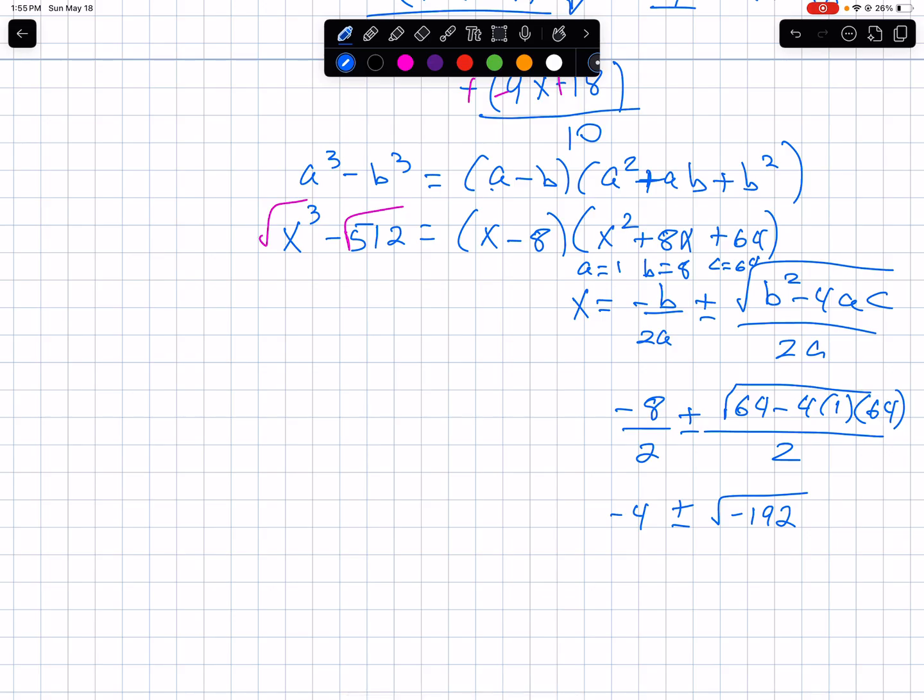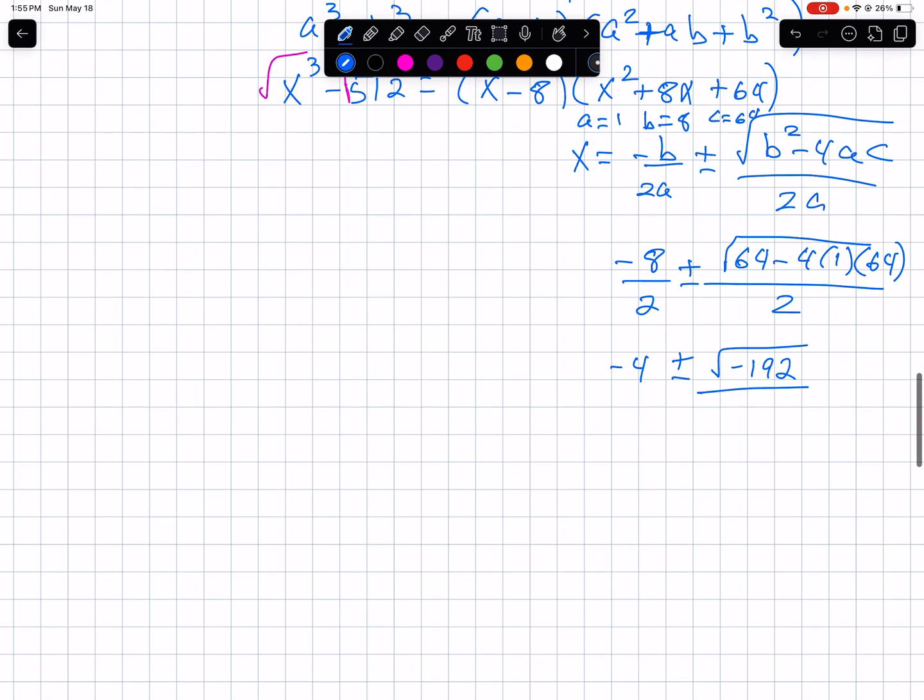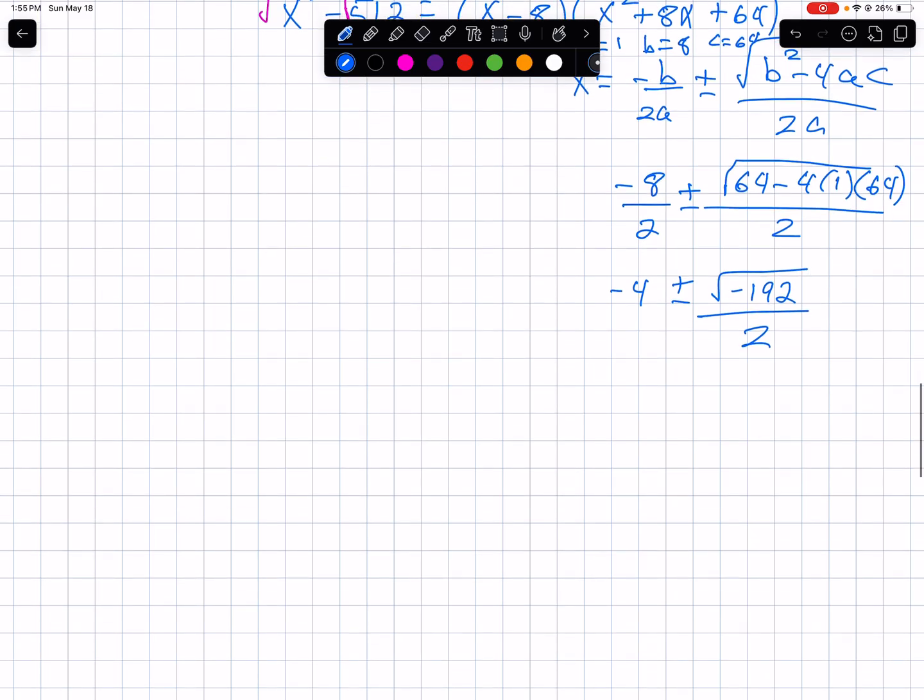So if we do 192 divided by something, I think it's 36 maybe. And then we look at the factors, 64. So this is over 2. So I divided that fraction. That's why I like writing the 2a below both, because many times you can simplify both fractions.